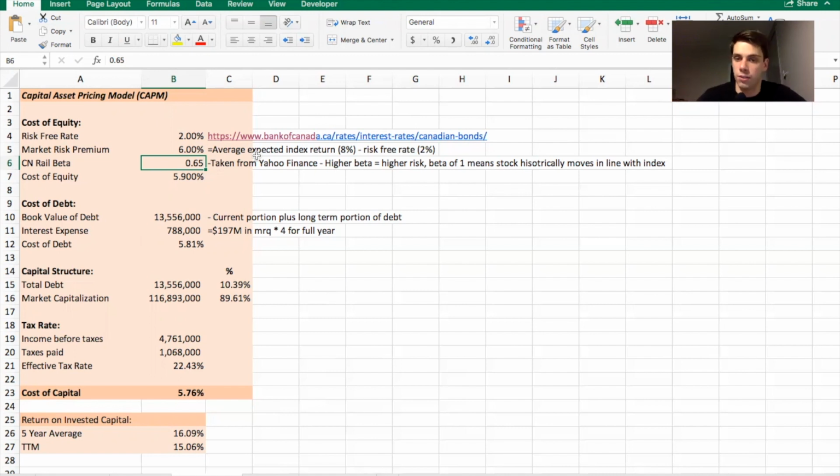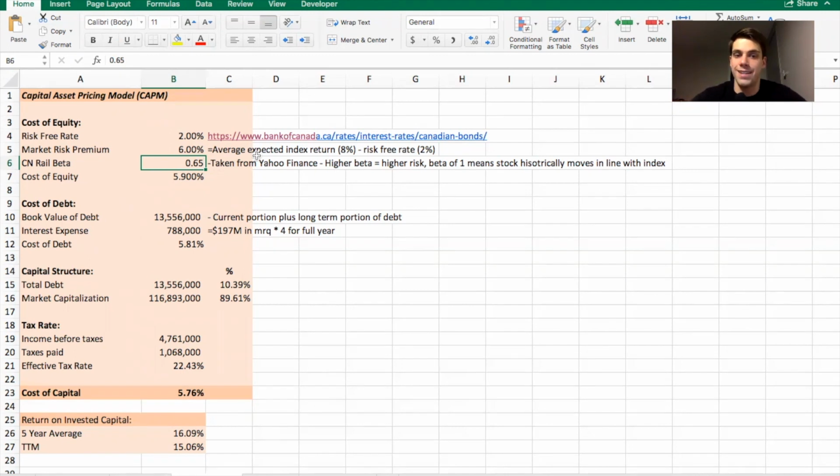So it's more volatile because also if the stock market went down 1%, then, since beta uses historical data as well, historically, on average, a company with a beta of 2 would go down 2%. So it's more risky, right? Companies with higher betas are more risky.